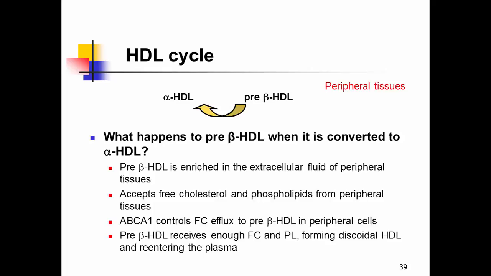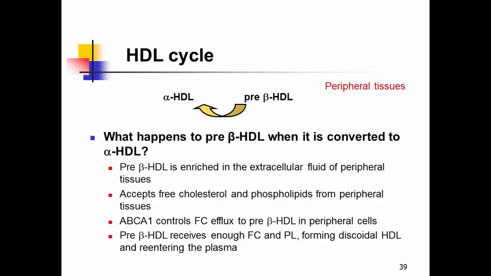Now, what happens to the beta HDL when it converts to alpha HDL? This is a little bit more complicated and involves several steps in the circulation, in the plasma. First of all, we know that beta HDL is basically empty, so there are no lipids in the core.